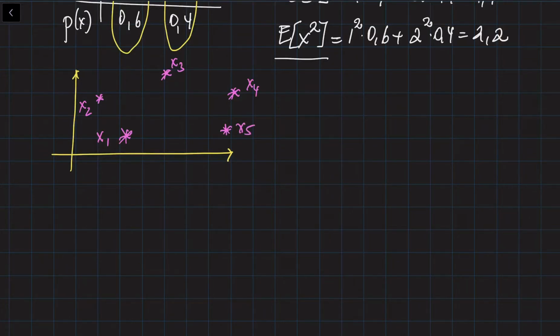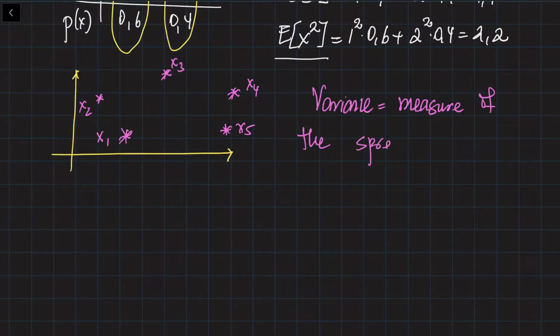I would like to define the variance as the measurement of the spread of the data set. The measurement should tell me how much the data set is spread. If the variance is big, it means that the data points are really spread, and if the variance is small, it means that the data points are really concentrated in some point.